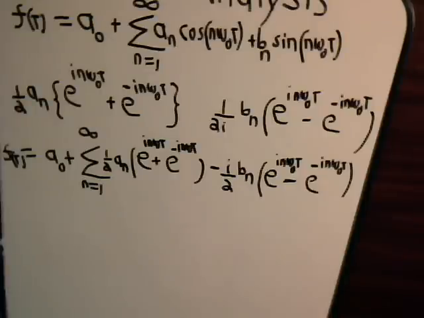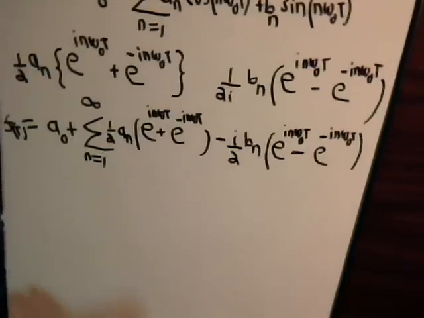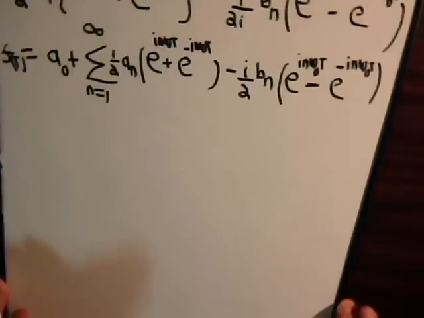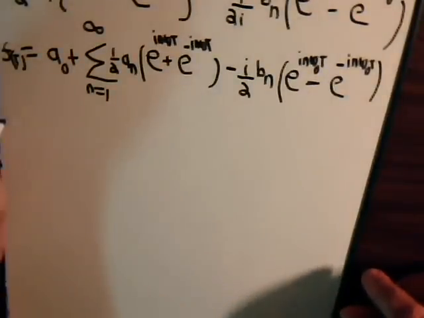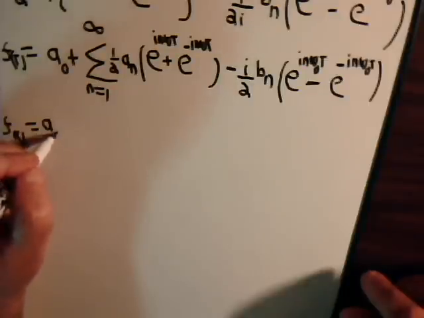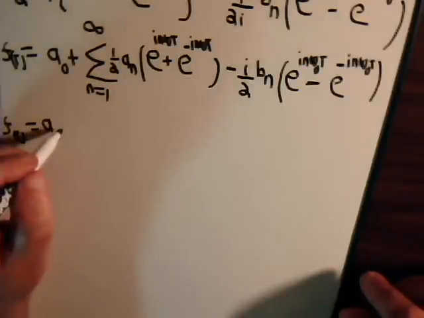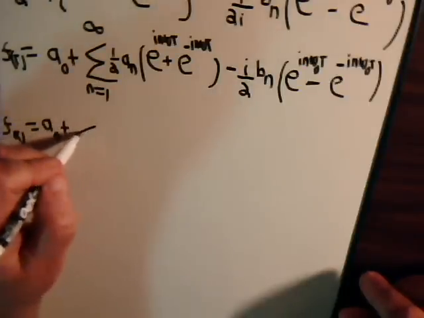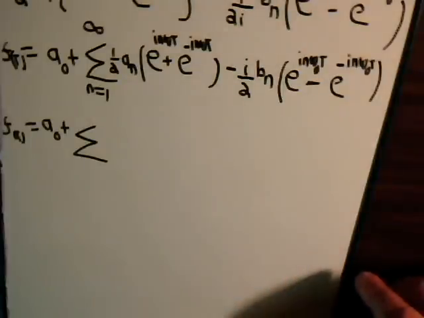So let's write it like this. f of t equals a sub 0 plus our sum here.